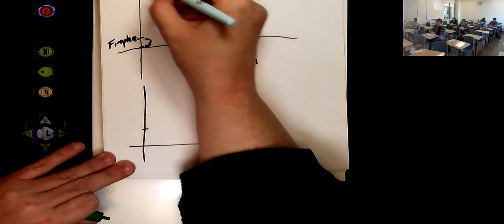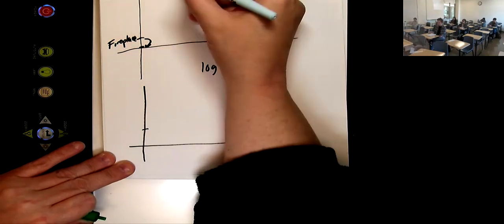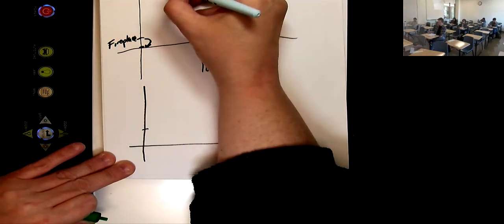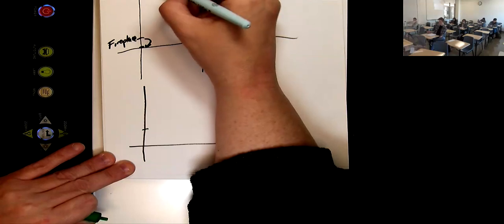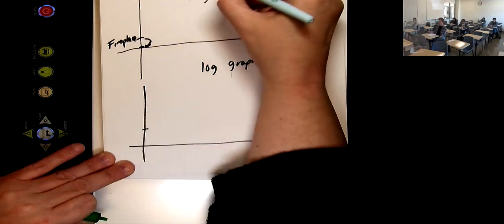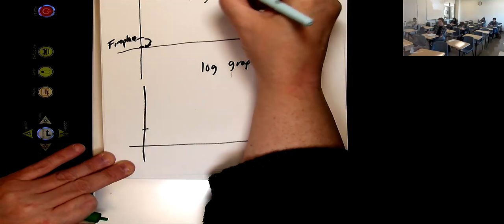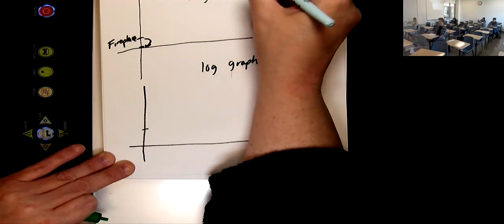This is Turkey. On a regular graph, that is 7.8, so it's times 10 to the 7.8, which is almost 8 zeros, almost times 100 million.